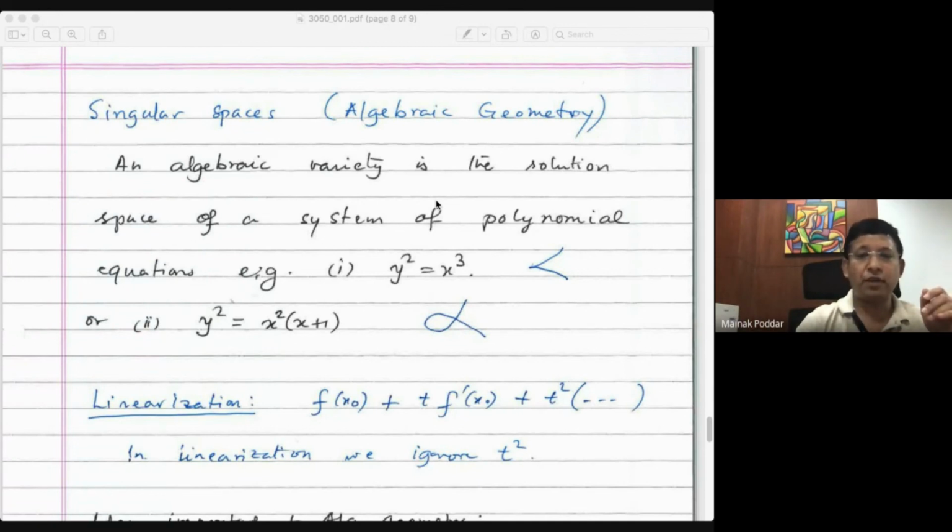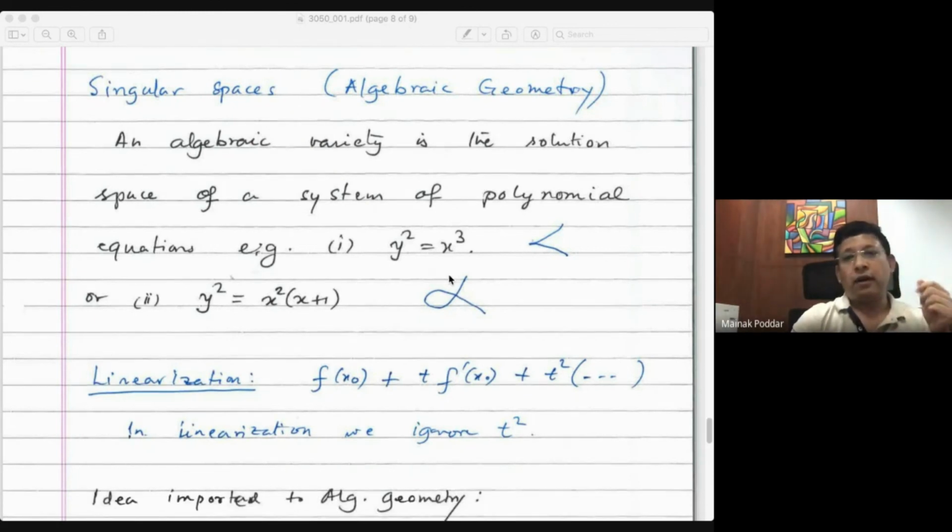These equations give you functions that vanish on the variety, like y squared minus x cubed, and they produce an ideal. All functional multiples of them also vanish. So they produce an ideal in your polynomial ring, and actually the functions on the variety are just the polynomial ring quotient by this ideal. Okay, and the ideal comes from the equations.